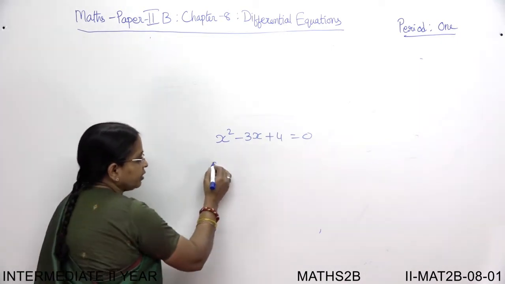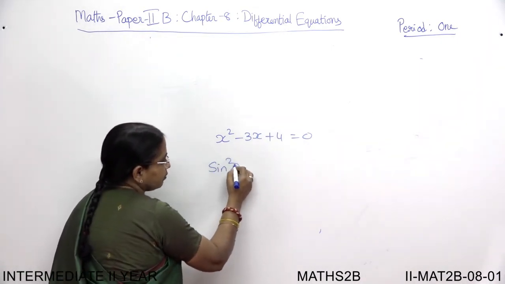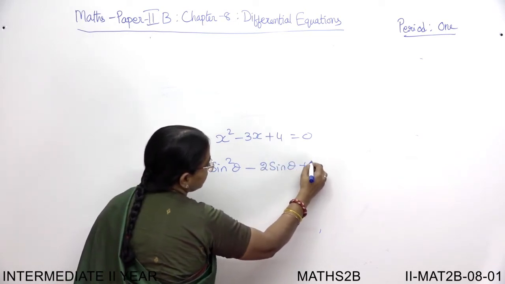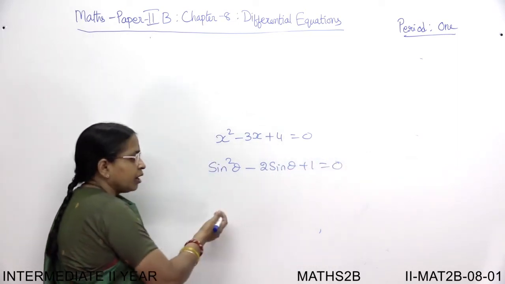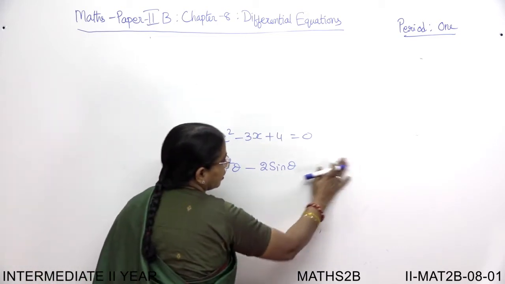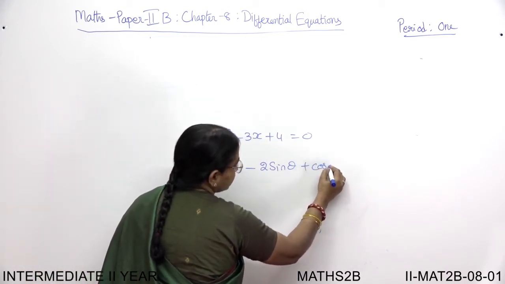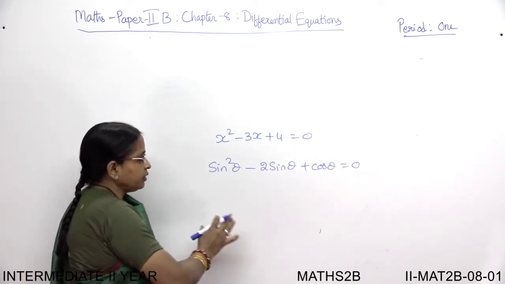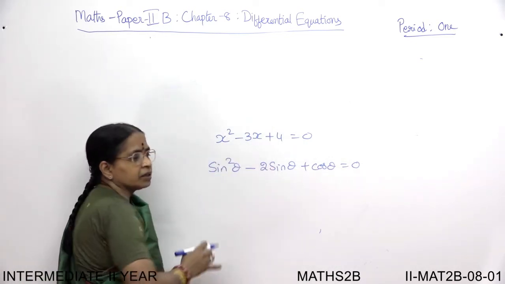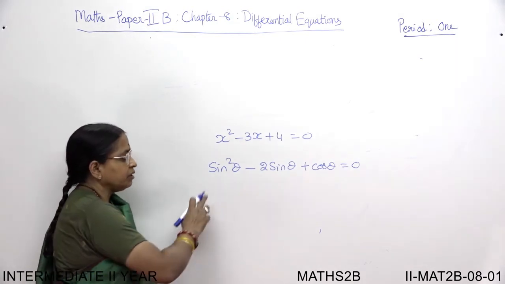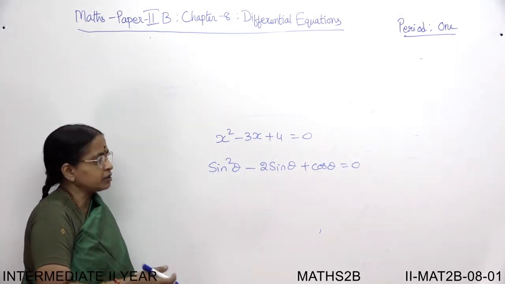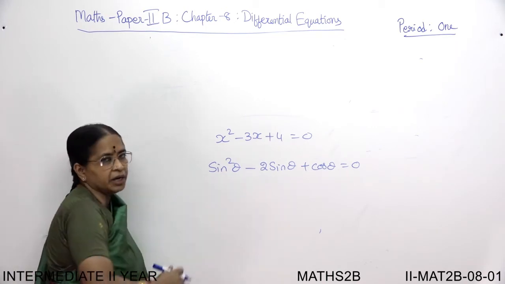Now trigonometric equations, you know, sine square theta minus 2 sine theta plus 1 is equal to 0, or it may contain cos also, or plus cos theta or something like this is equal to 0. An equation containing algebraic terms is an algebraic equation. An equation containing trigonometric ratios of sine, cos, tan and all is a trigonometric equation.